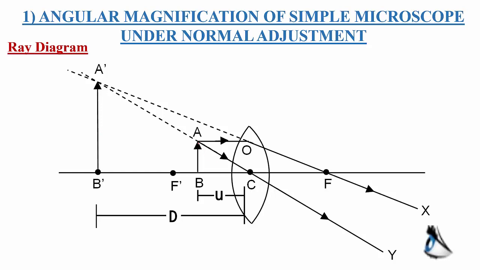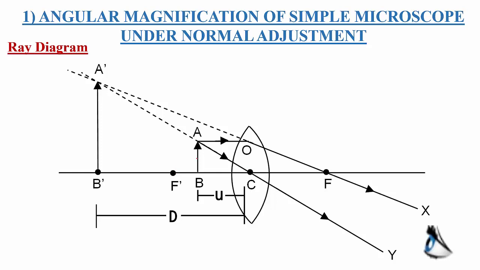So you can observe the height of object AB is very small. When we observe through this convex lens, we get a magnified image denoted by A dash B dash. See here, a simple microscope is a convex lens of small focal length having optic center C. Now I am going to consider a small object AB kept between the optic center and the principal focus.